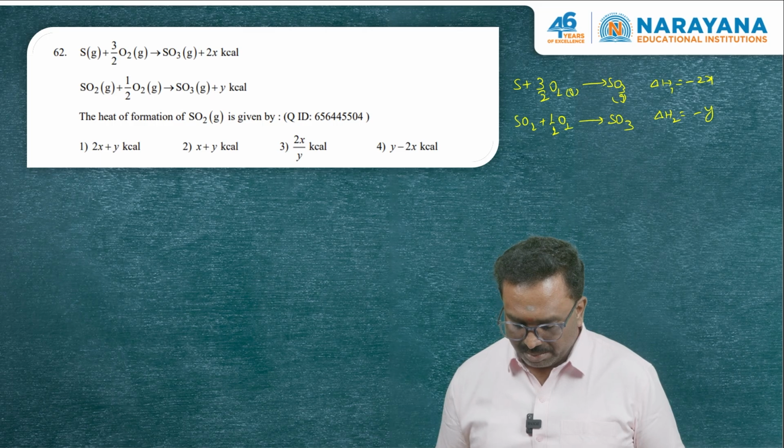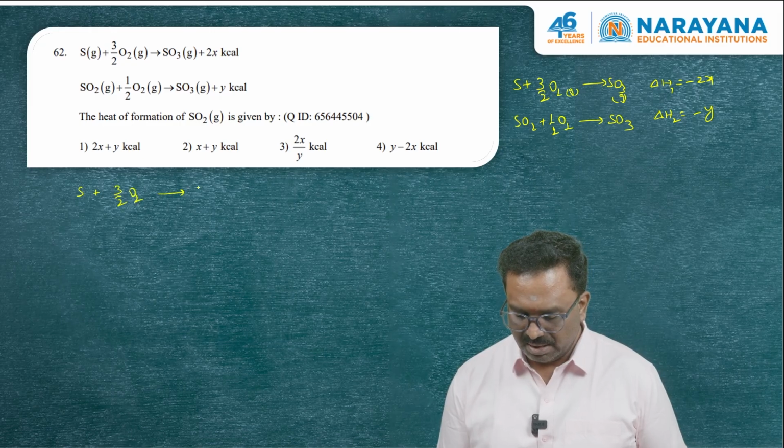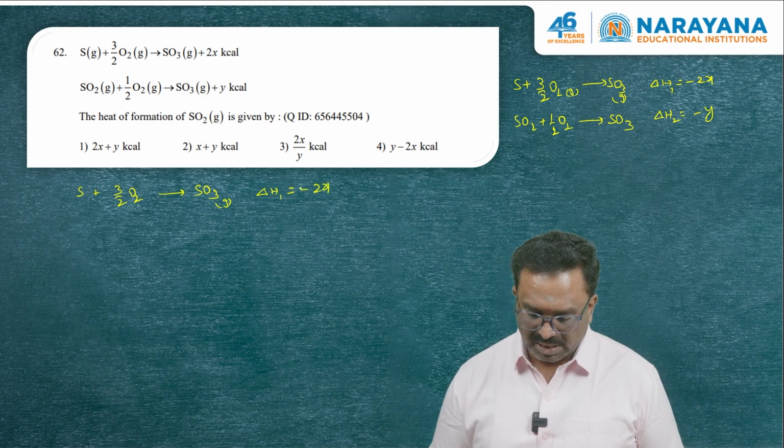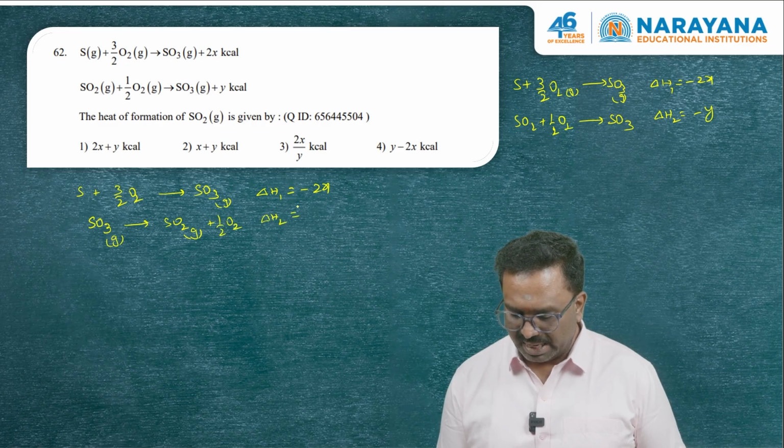So heat of formation of SO2 is nothing but sulfur by the reaction with oxygen to form SO3. Here this is delta H1 minus 2x. If we reverse the second equation, according to Lavoisier-Laplace law, which is also called the first law of thermochemistry, the sign of delta H is reversed.